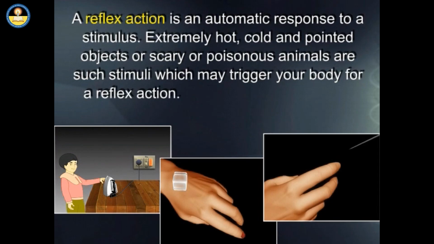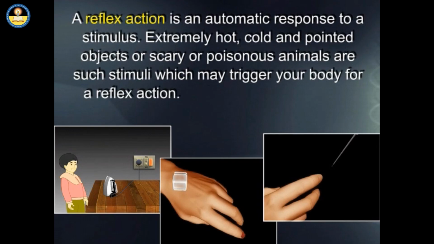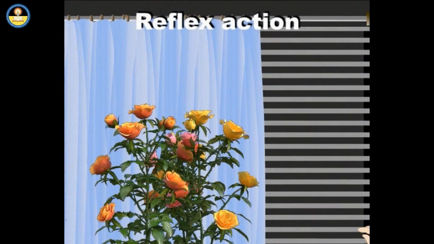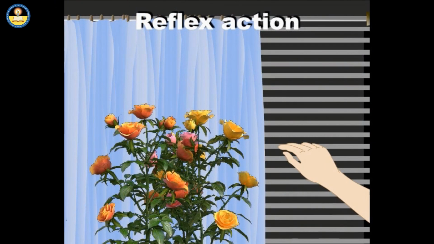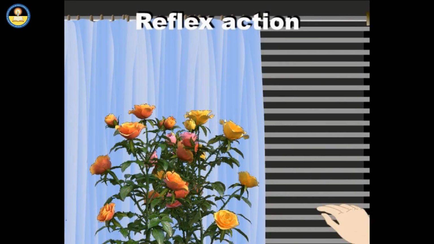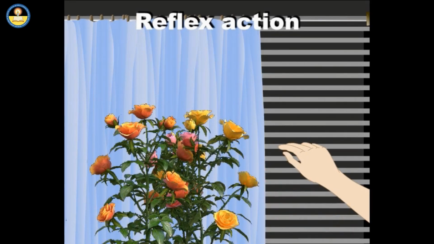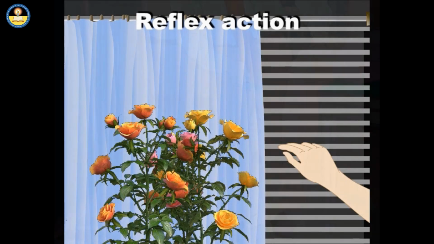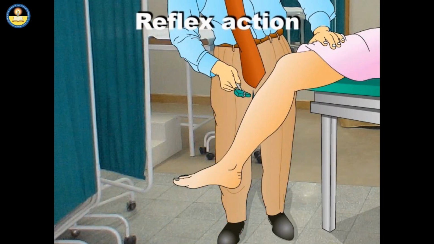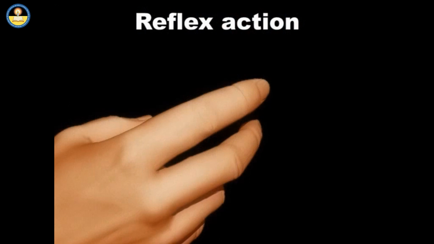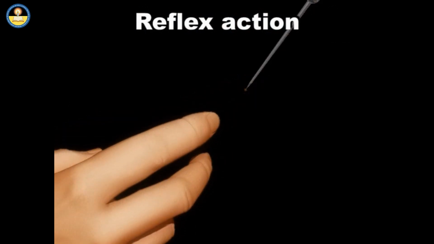Reflex actions protect the body by reacting quickly to danger. When we touch a pointed object, we withdraw our hand immediately without thinking of the action. Or when a doctor taps knee of a patient to test the reflexes, the reaction is a reflex action. Drawing back of hand with a sudden jerk when pricked with a needle is also a type of reflex action.